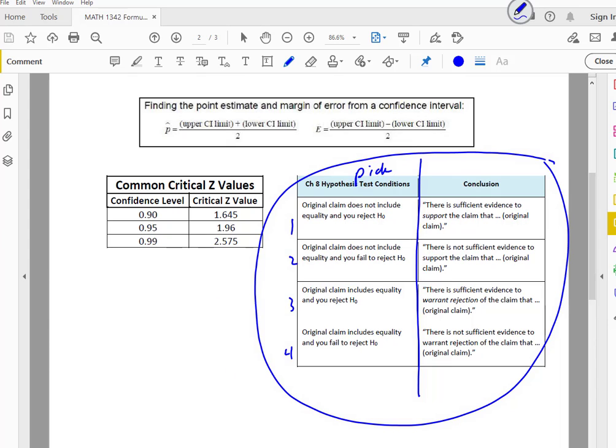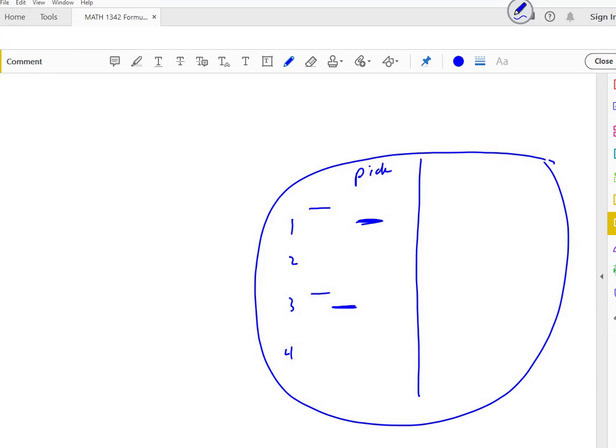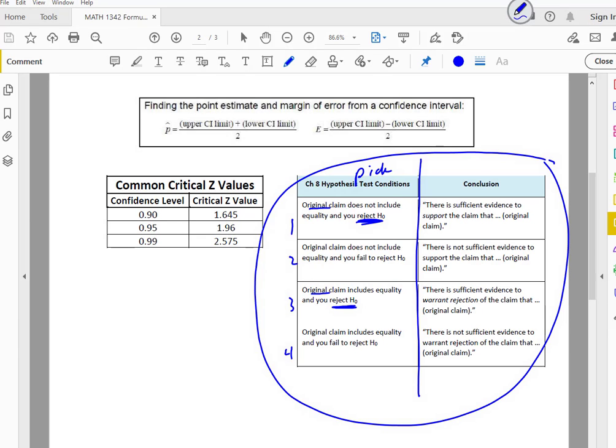For our situation, we had reject, so that's either going to be number 1 or number 3. And then you look back at the original claim, and the original claim had the greater than symbol. We didn't claim equality, we claimed inequality. So when you look on your chart, you're looking for does not include equality. And so that's going to be sentence 1.